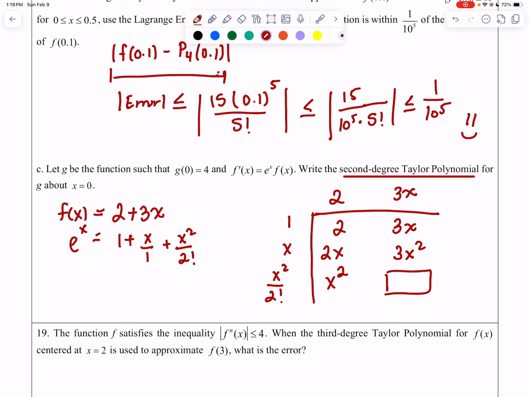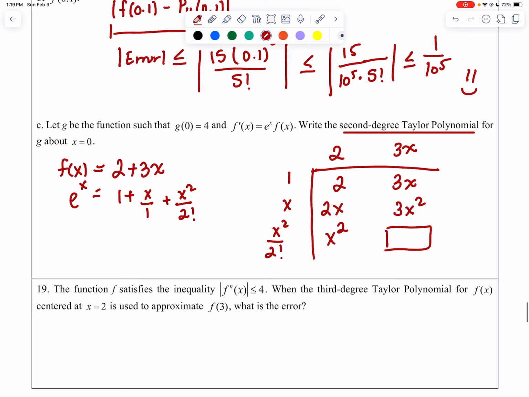All right, so that is going to give us a derivative of 2 plus 5x plus 4x squared. Then I realized that because we only want the second degree and because we are going to be integrating this, we really don't need the 4x squared. So this right here is kind of useless, and this right here is kind of useless.